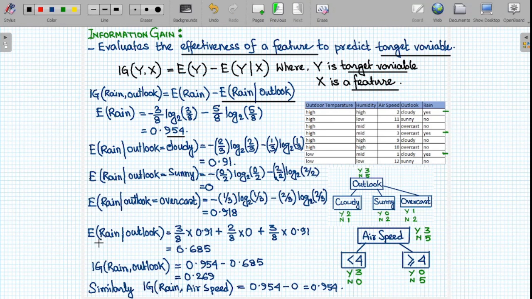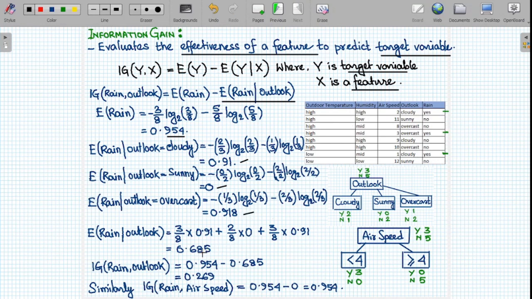Then what will be the weighted average value for entropy of rain given outlook? We have total 3 samples where outlook is cloudy among 8 samples, into 0.91 we are taking from here, plus we have 2 sunny days among 8 different samples. That's why 2 by 8 into this value, plus we have 3 overcast samples among total 8 samples into 0.91 we have taken from here.